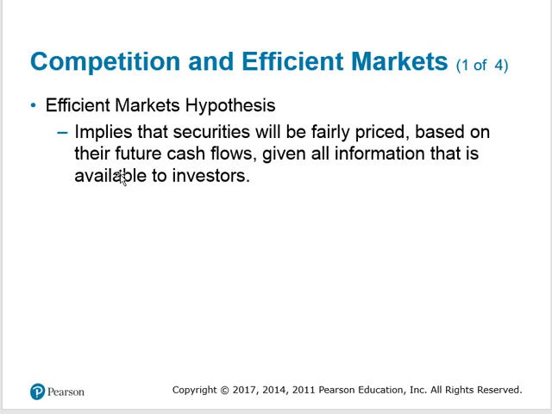If you think about the world of information, some of that information you and I have access to as public citizens. But there is private information, right, inside information that we don't know. So that's why we talk about prices are affected by the information that's available to investors, not all information.